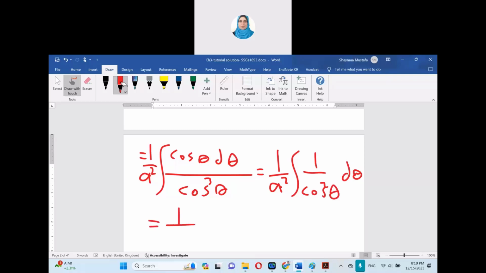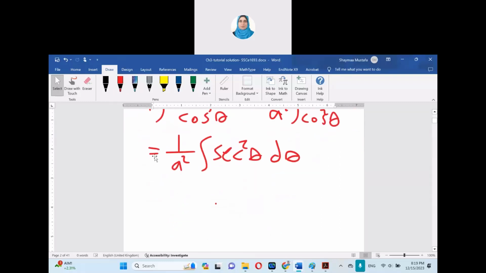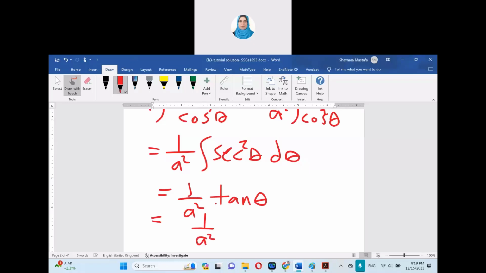Theta, which means 1 over a square, sec square theta d theta. And the integration of sec square is tan theta. So a square tan theta, which means 1 over a square.